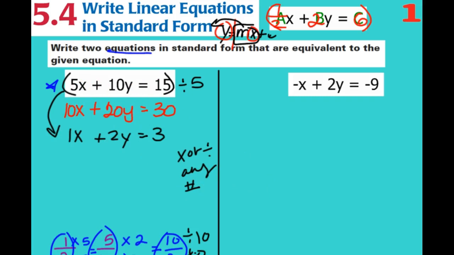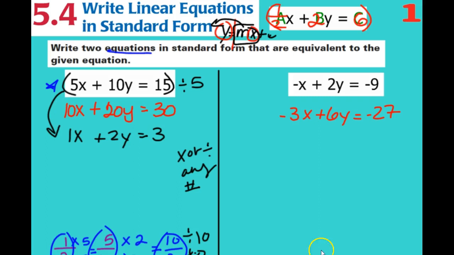Okay? So this one, I want you to multiply by whatever number you want. If you want to multiply by 3, we can multiply by 3. This is really a 1, so then we have negative 3x. 3 times 2 is 6y, and 3 times 9 is 27, but it's negative, so negative 27. But we need two equations, so now I need to pick another number.